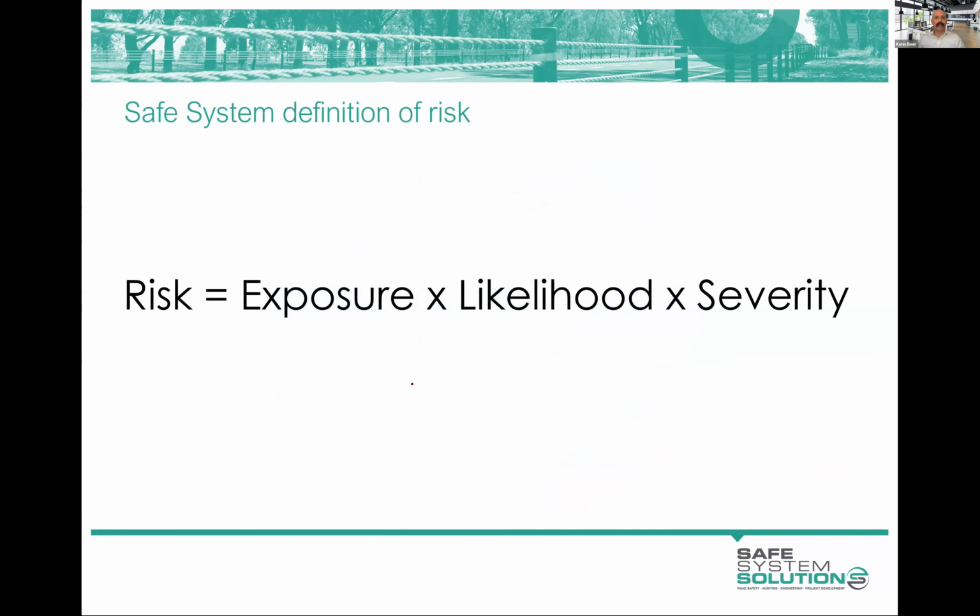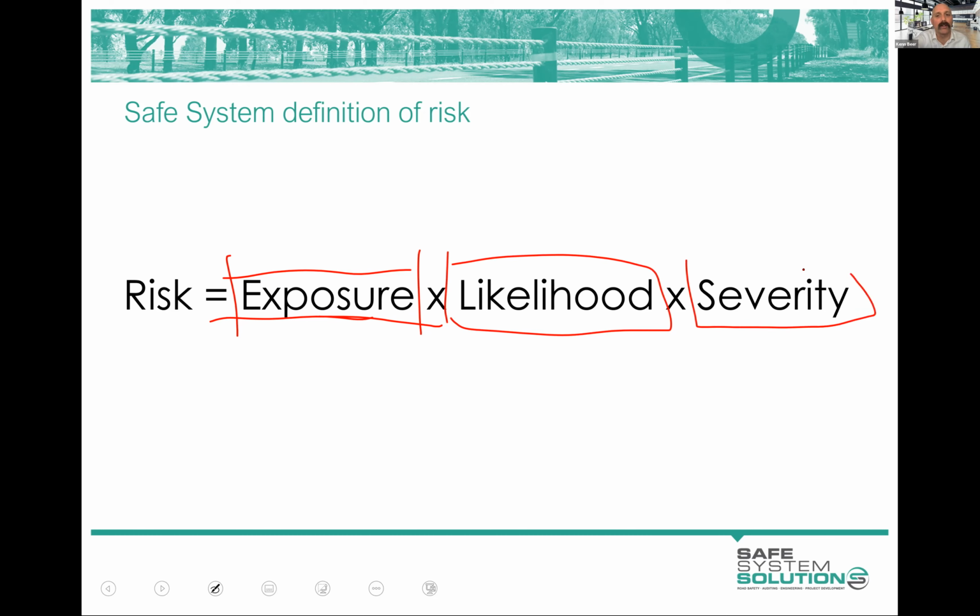And it really is a risk assessment methodology with some particular tweaks and lenses. And one of those tweaks, obviously, is that use of exposure in its own entity rather than mixing with likelihood. But we analyze the exposure to a crash type, the likelihood of that crash type, and the severity of that crash type. And we have a methodology for multiplying those out to a risk score for that crash type.